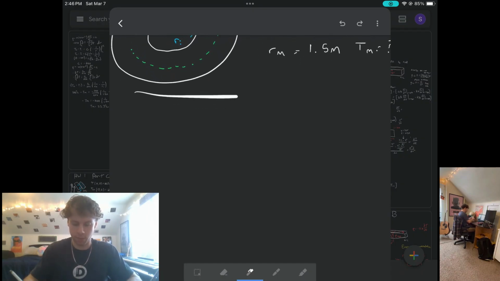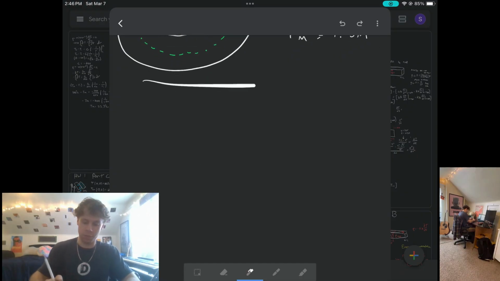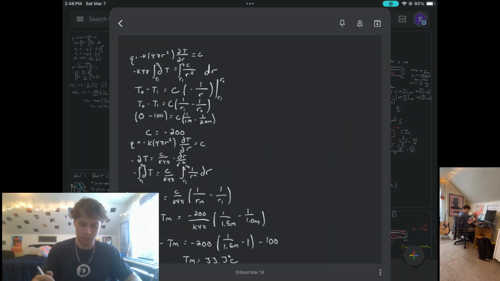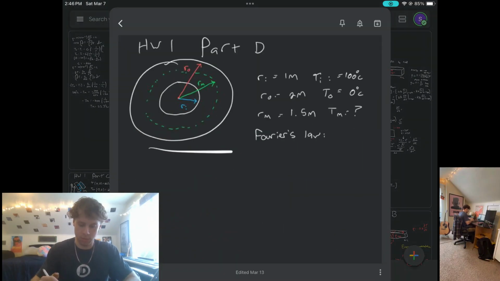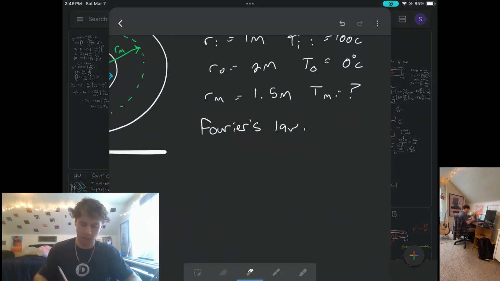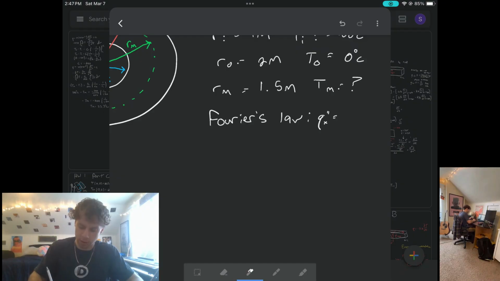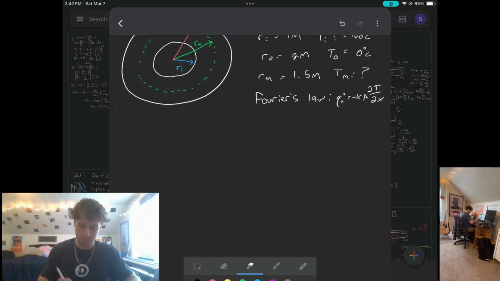To do that, we'll start with Fourier's law, which, as we know, is our heat flux is equal to our negative thermal conductivity times our area times our temperature gradient, the change in temperature with respect to position.